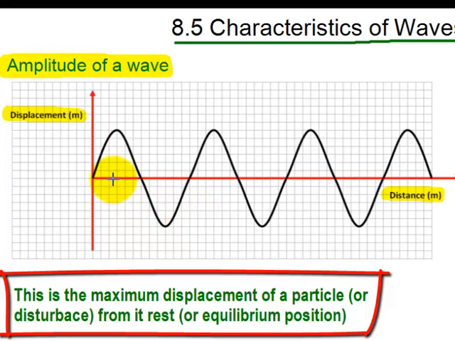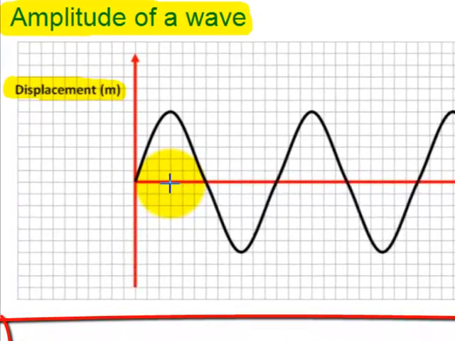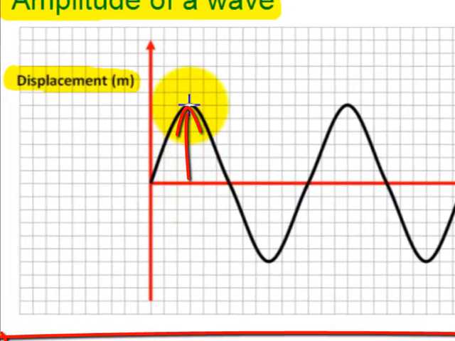Like we have just seen, this particular displacement from this point all the way to that point is what we refer to as the amplitude of the wave. It could be measured here. It could also be measured from this particular position, or this particular position, or this particular position.